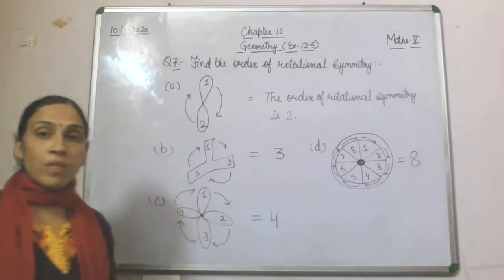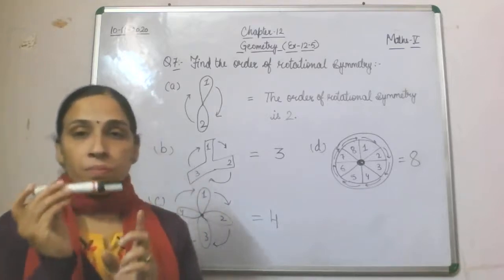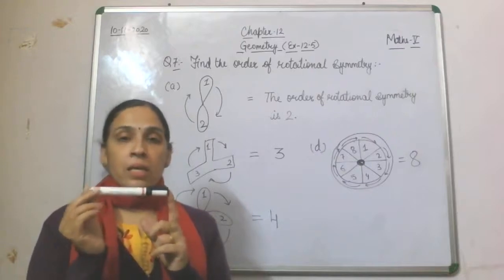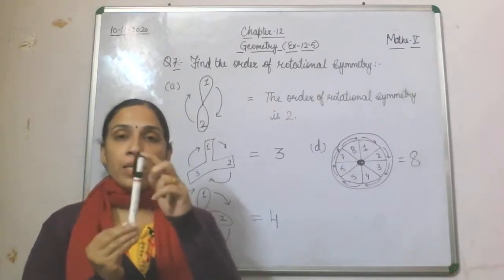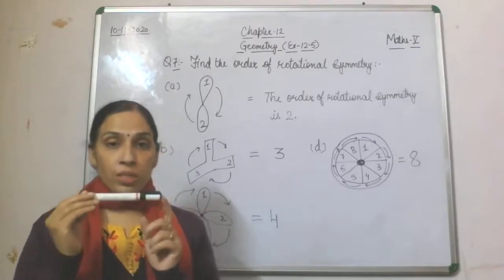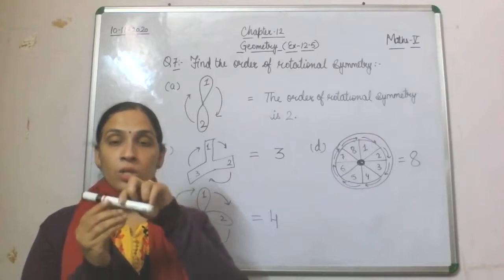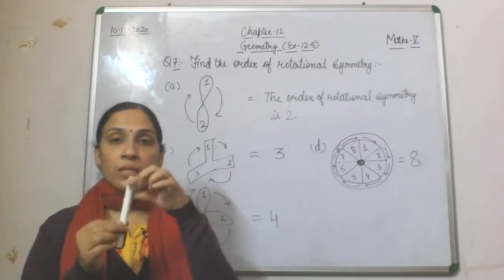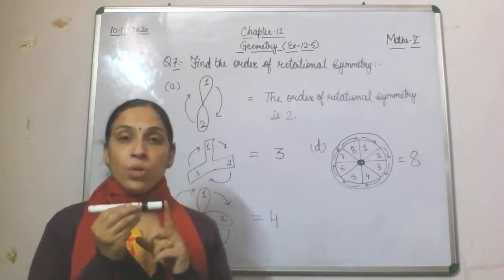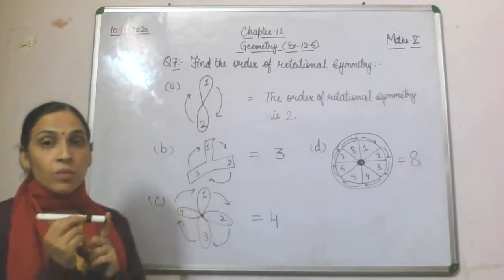As many times as we rotate it. See, I hold this marker once, fine, like this, and I am rotating it once. The original position was this, and I have rotated it once, 1, 2, then 3 and then 4, and then only am I getting the original position. So what is the order of rotational symmetry?